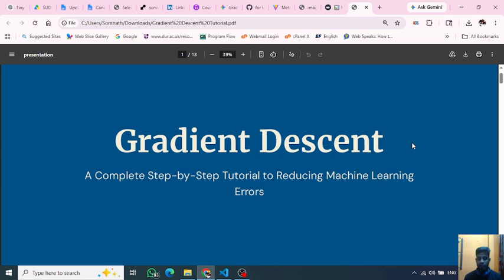So gradient descent is a method, or you can say the optimization engine, which helps to correct the errors or minimize the error and make the model better.